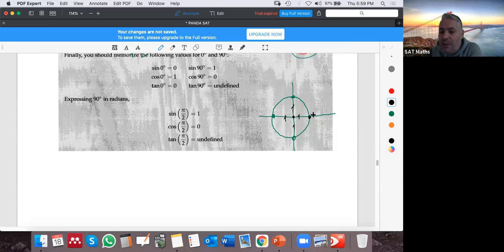Can you tell me what is the coordinate of this? Isn't it 1, 0? X is 1, y is 0 here. Here, x is 0, y is 1. Here, x is -1, y is 0. Here, x is 0, y is -1. Is this clear for all of you? The coordinates are 1, 0; 0, 1; -1, 0; 0, -1. Yes or no?